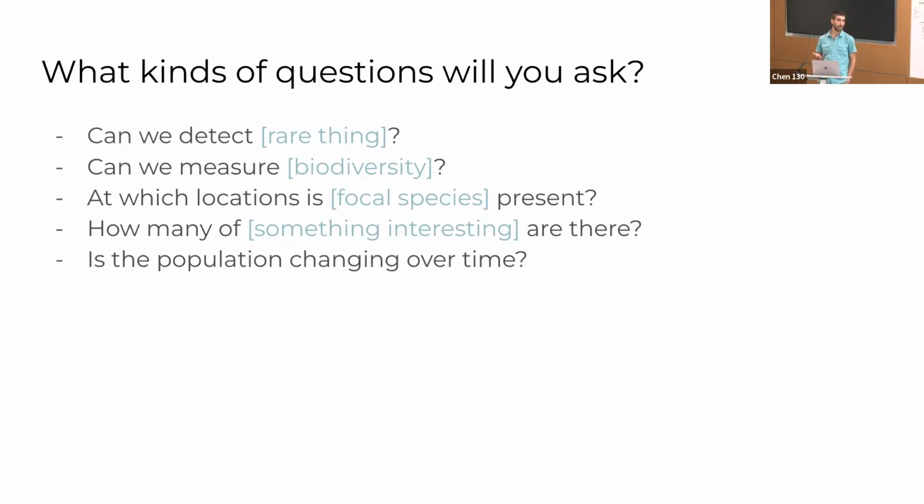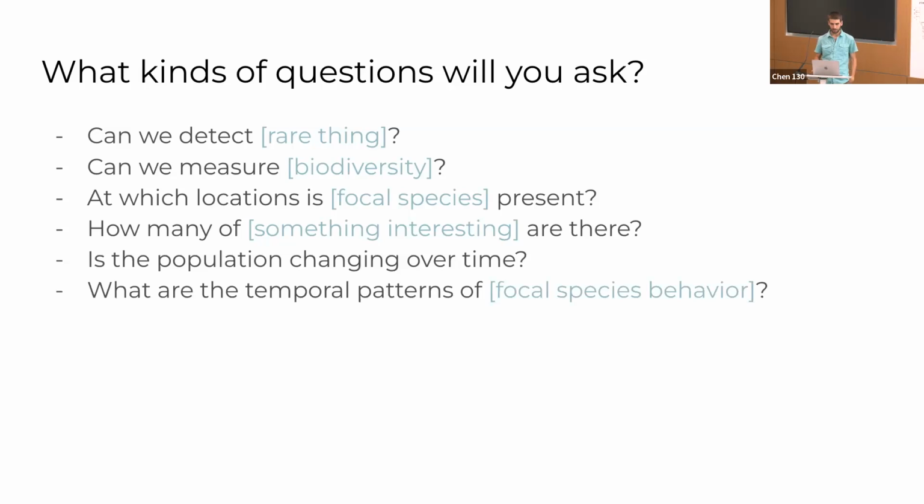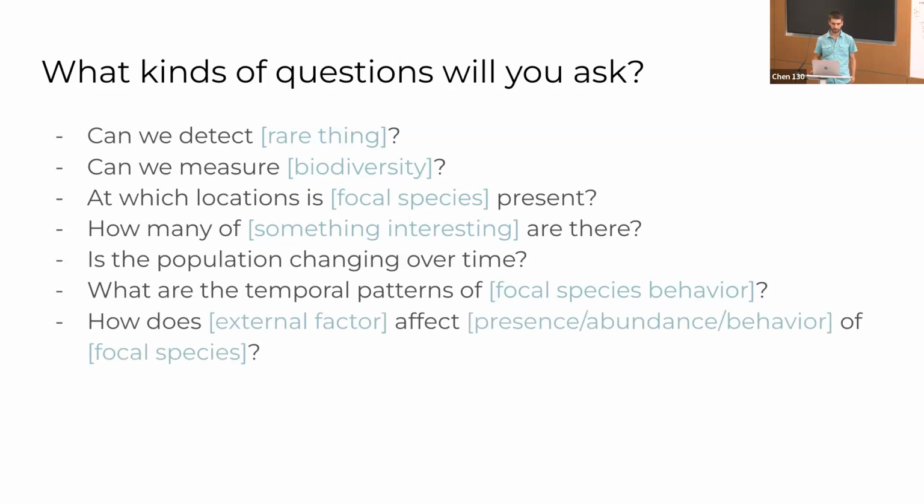A different question, right? Change over time requires a different data type. What are the temporal patterns of some behavior, maybe on a shorter time scale? And then, a little bit more complicated, sometimes we're interested in how some external factor is affecting something that we're studying: the presence or the abundance or the behavior of some species. These types of questions each are going to require that we do something different with our model.